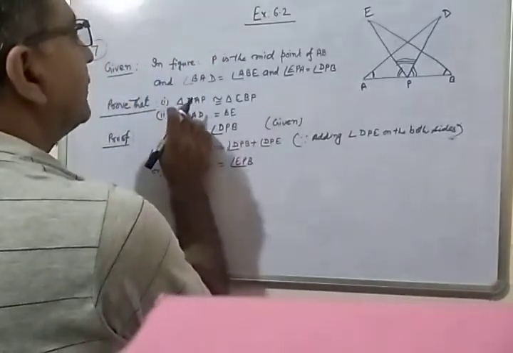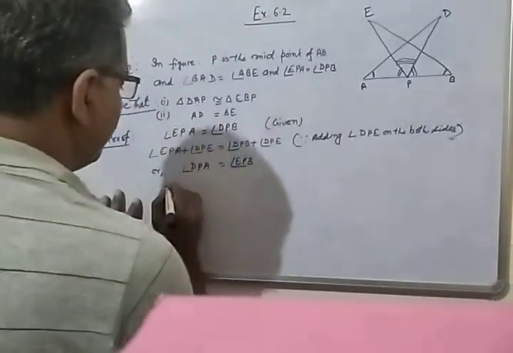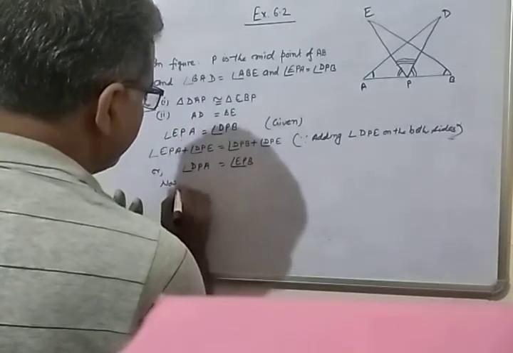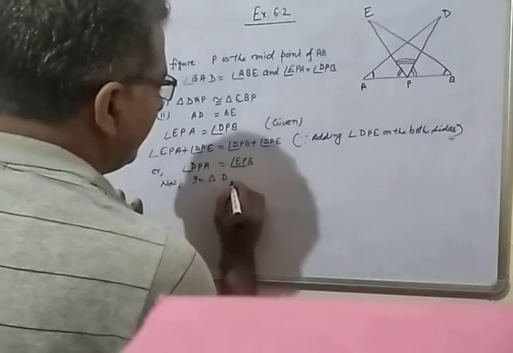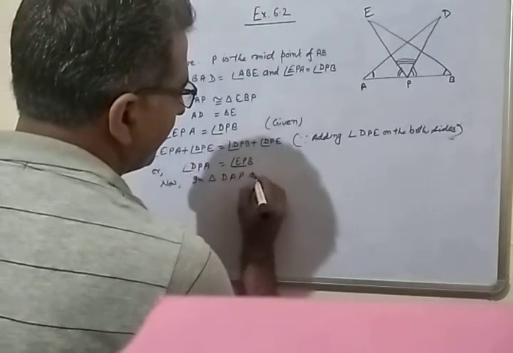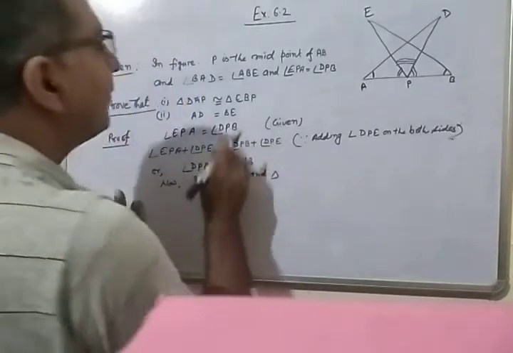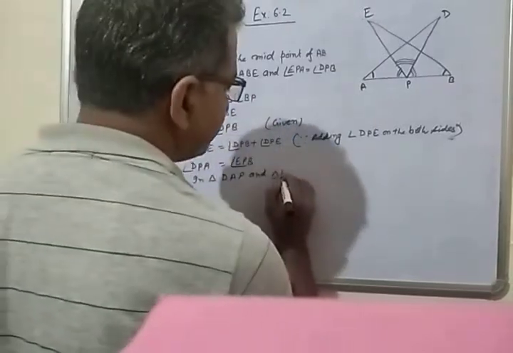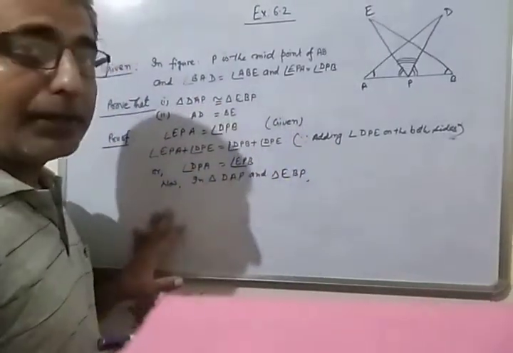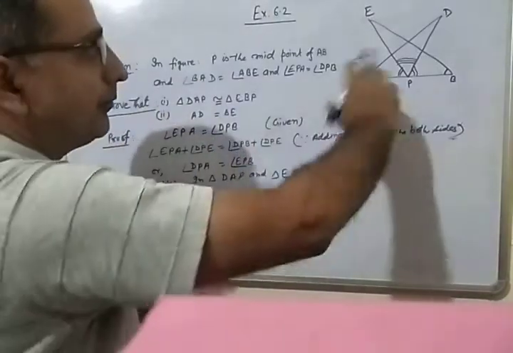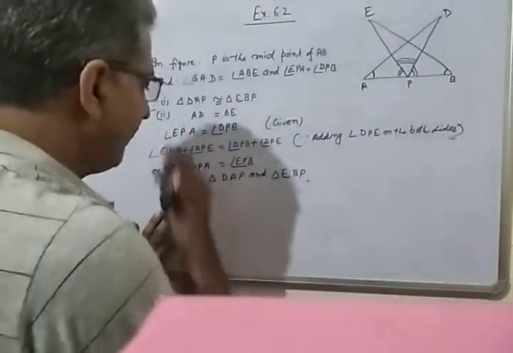Now take triangle DAP. Now in triangle DAP and triangle EBP, compare parts of both the triangles.